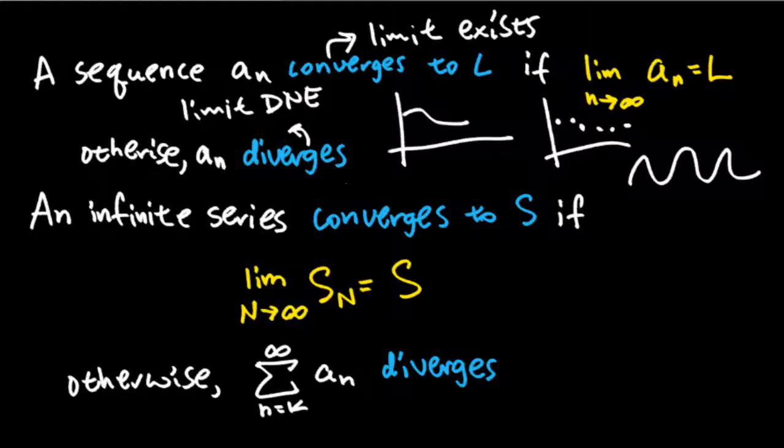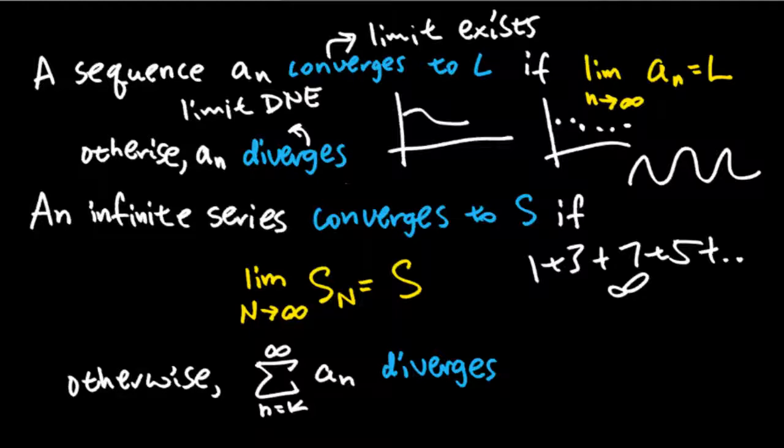How about a series? A series will converge if the nth partial sum converges to some value s. For instance, if you have 1 plus 3 plus 7 plus 5, that is definitely not going to converge because that's going to turn into some huge infinite number.